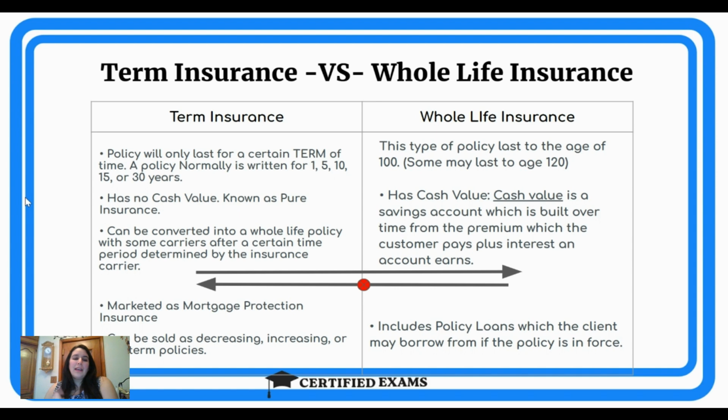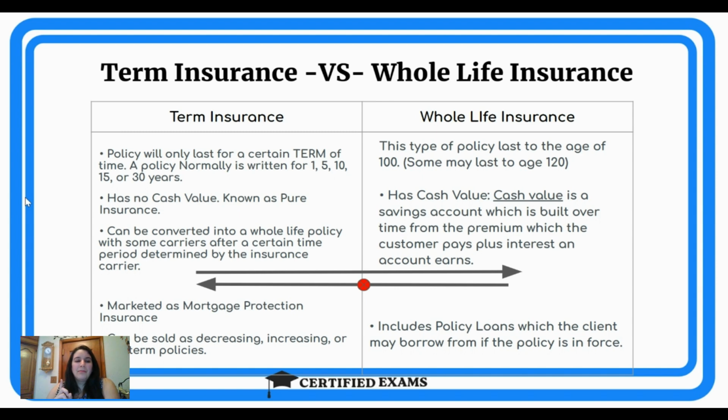Okay, guys? Now, certain term insurance policies can be converted into a whole life policy at some point during that contract. That is going to depend on, number one, it has to be a convertible term insurance policy.